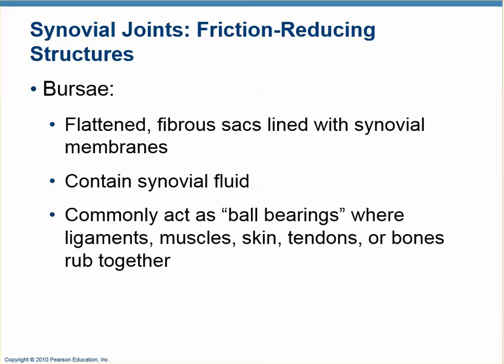It means a bag. A bursary is a bag of money. A bursa is a little bag lined with synovial membrane, and the synovial membrane produces fluid. So it's basically a little bag of fluid, and it's there to reduce friction.